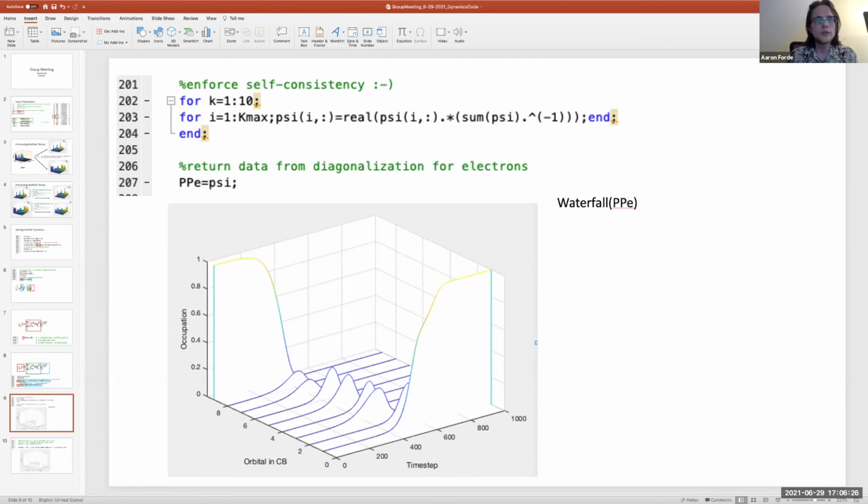So it ensures that at each time step, the sum of the columns is equal to 1, so that when you add all the occupations together, it's equal to 1. Since the time steps are logarithmic, exponential, early in the dynamics, sometimes the steps can get too large, and the populations can grow exponentially.